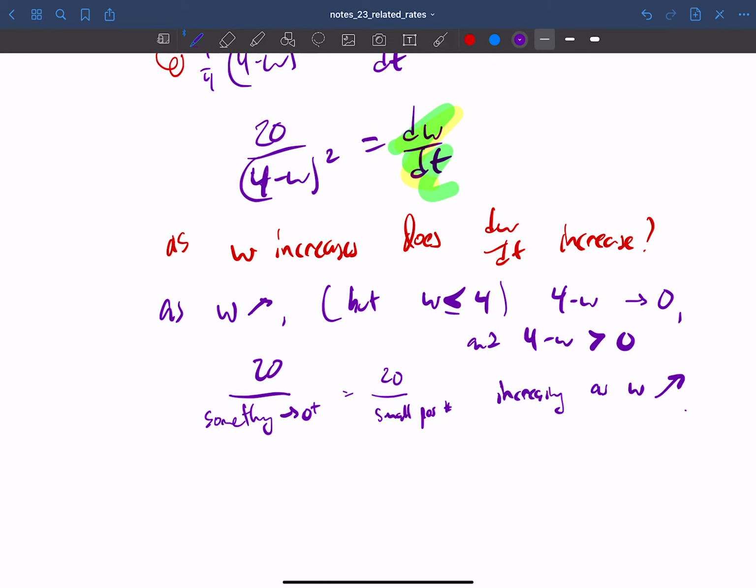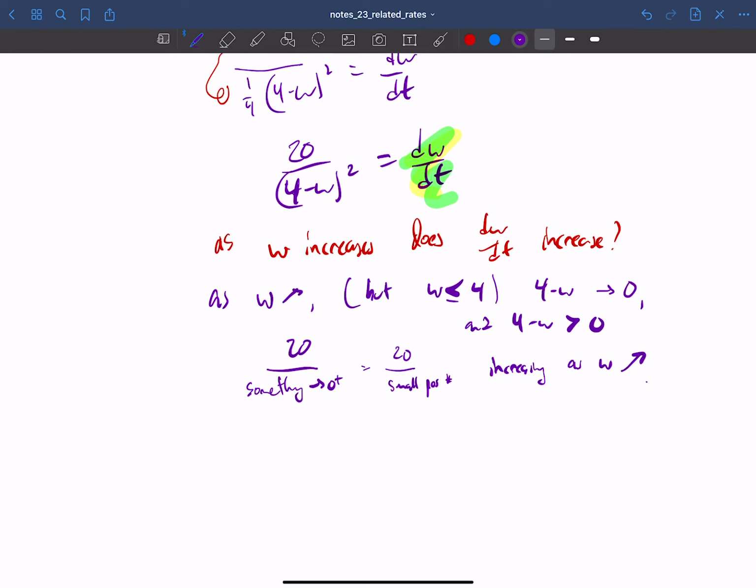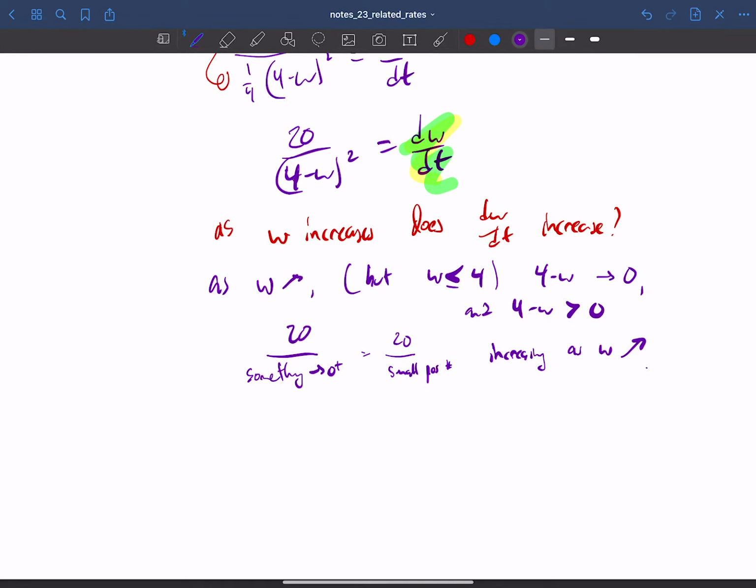If we wanted to look at a plot of this rate of change as a function of w, not as a function of time, we're going to approach a vertical asymptote at w equals 4. And it's going to do so as a square function.